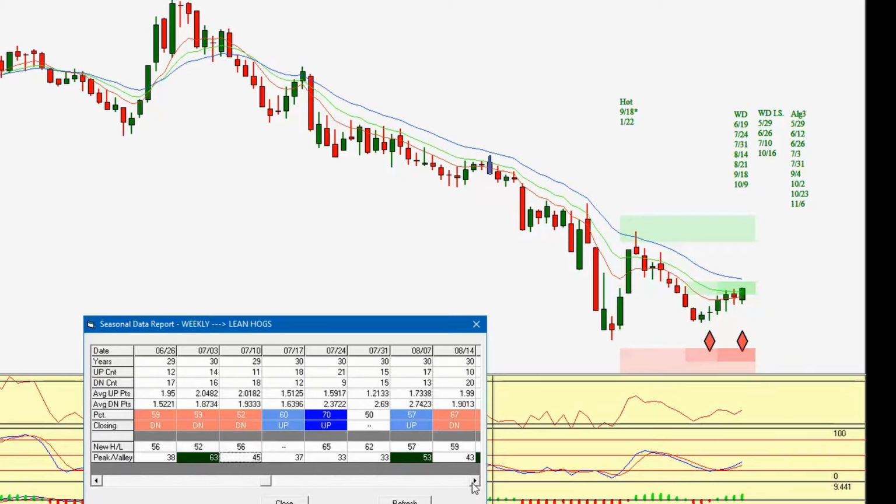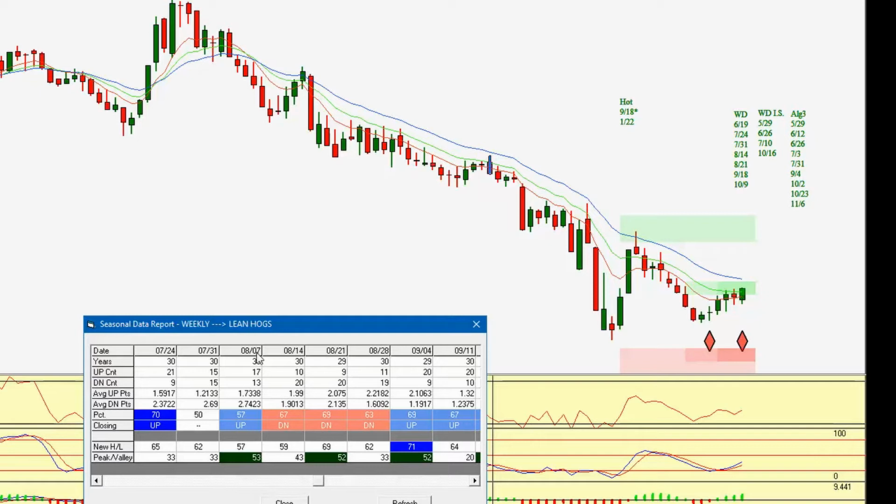Now you come forward in time and you see that the next one is for week ending 8-7, which is this week, and it happens to also coincide with the weekly F date, and they're in the overbought zone. So you have these multiple indications here to support the potential for a weekly swing top.